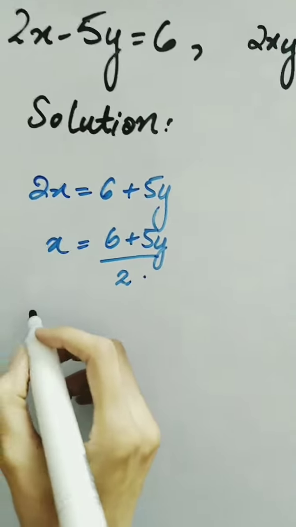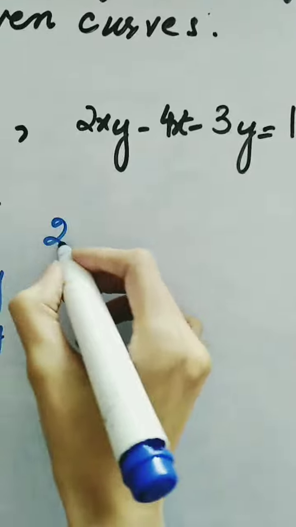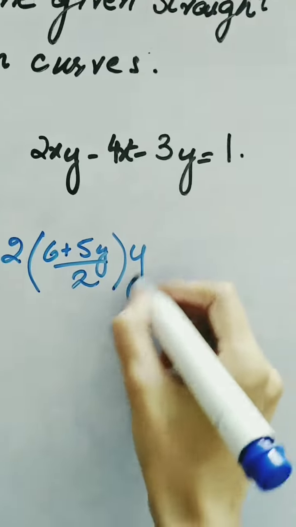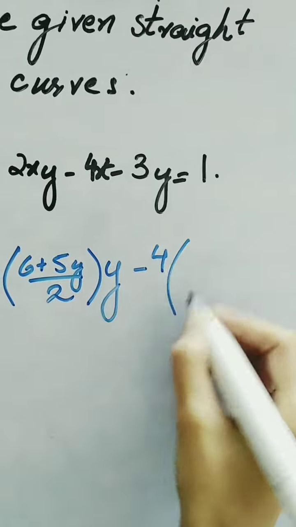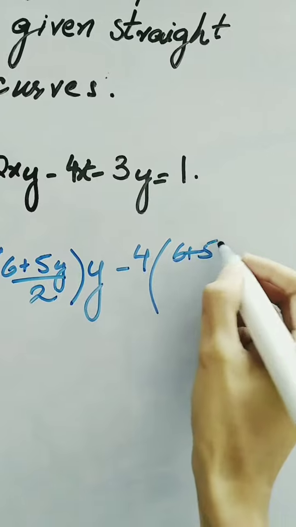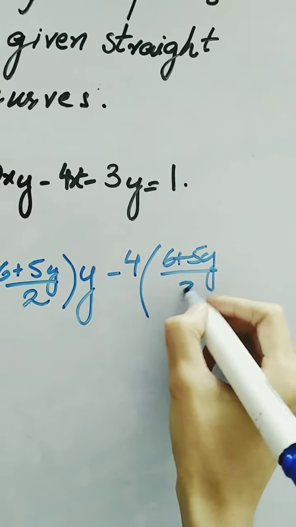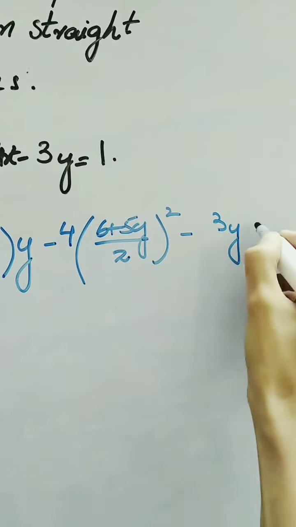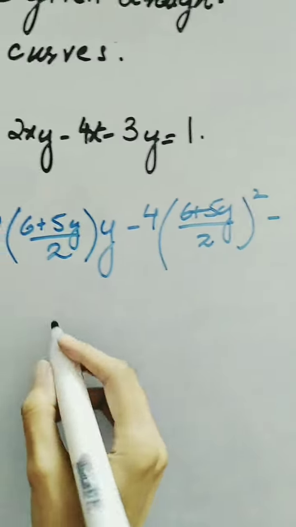We will have 2 times 6 plus 5y over 2, times y, minus 4 times 6 plus 5y over 2 whole square, minus 3y is equals to 1.